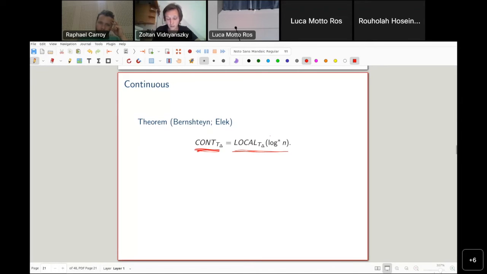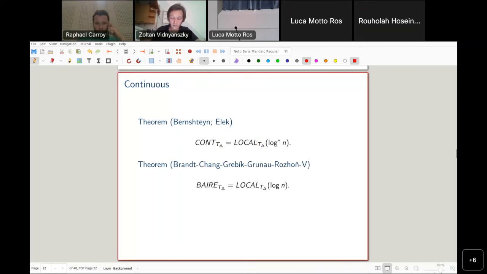This is a very nice theorem and it established the connection between the two fields, but in retrospect, it might not be that surprising, because you think that these local algorithms are really local, and that corresponds to continuity. By the way, this is true not only for trees, but in very big generality, for almost every graph in which you are going to be interested. So it's a much more general theorem.